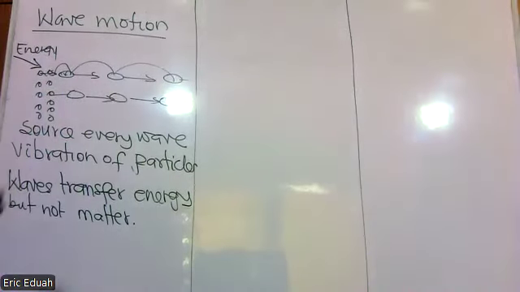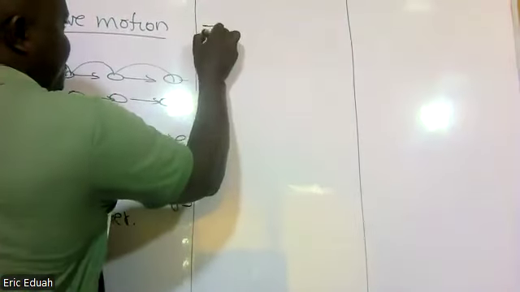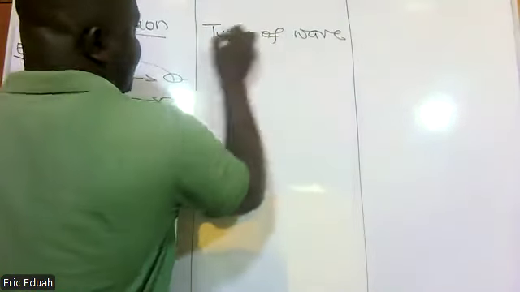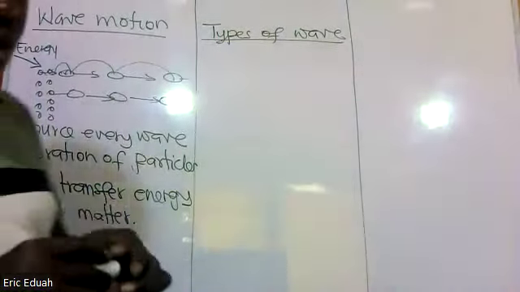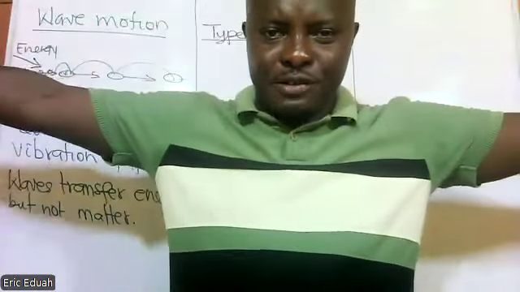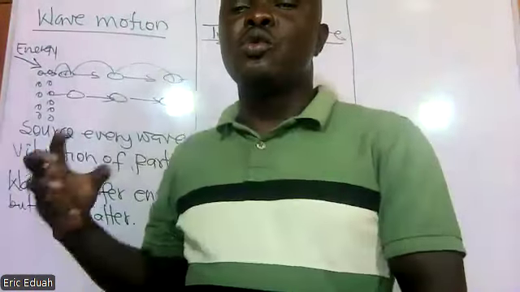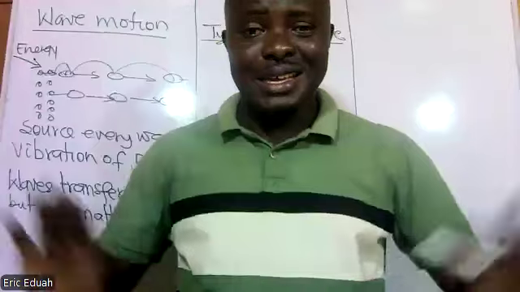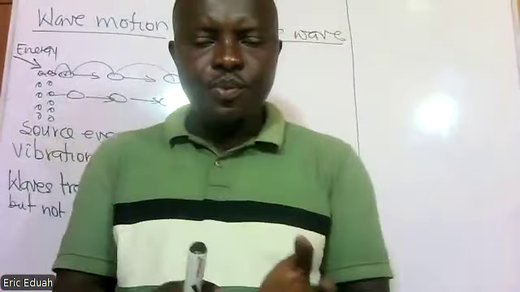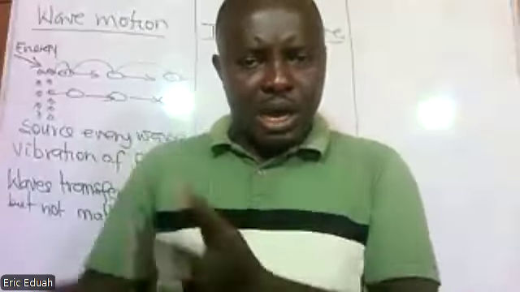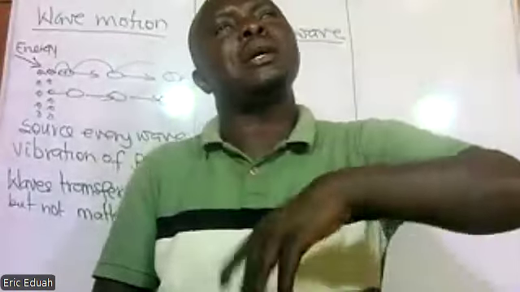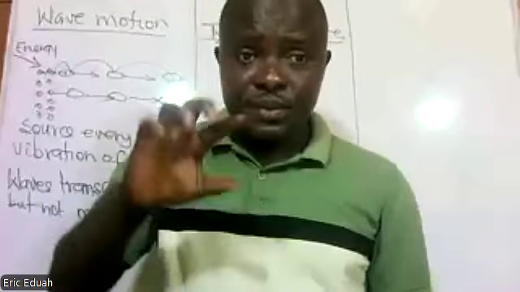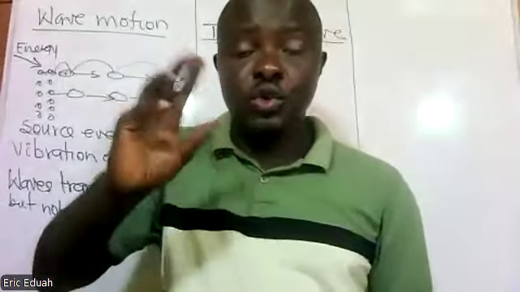Now let's discuss types of waves. We find ourselves in an ocean of waves, because apart from mechanical waves, we have a lot of electromagnetic waves. Television signals are received through waves.